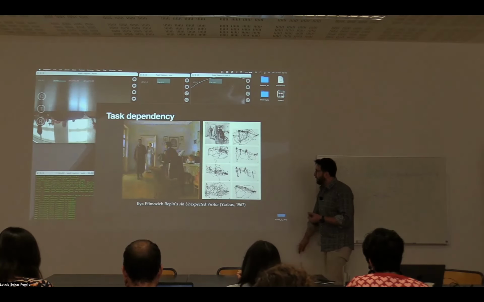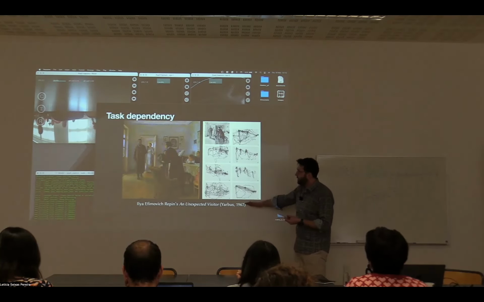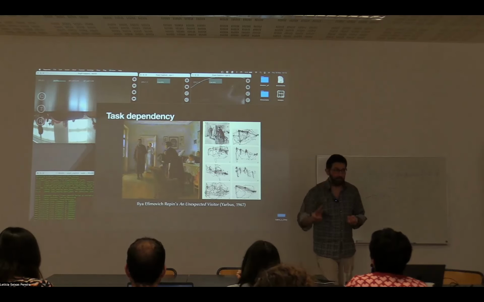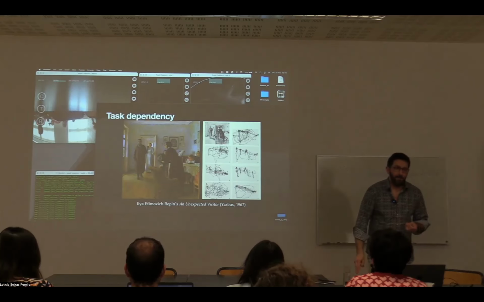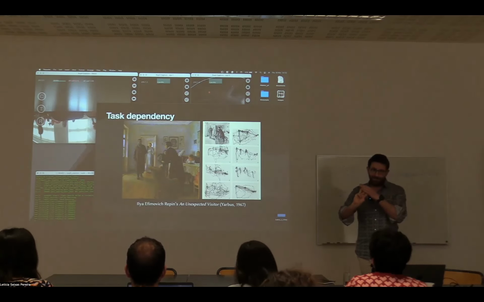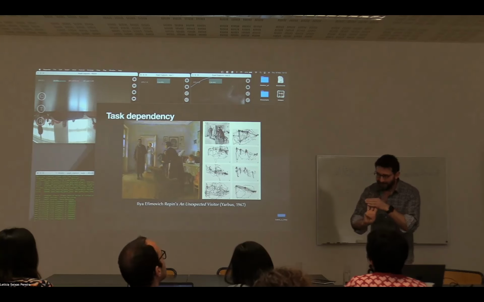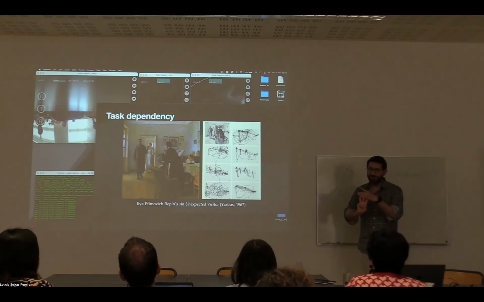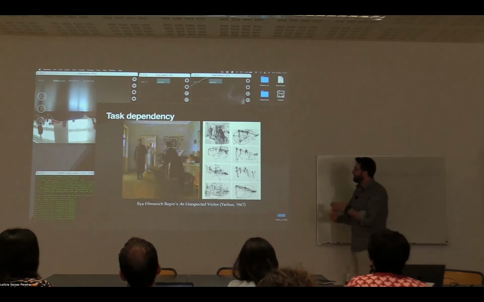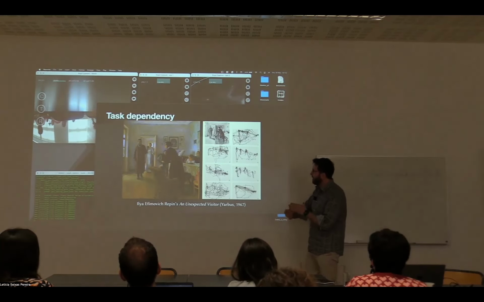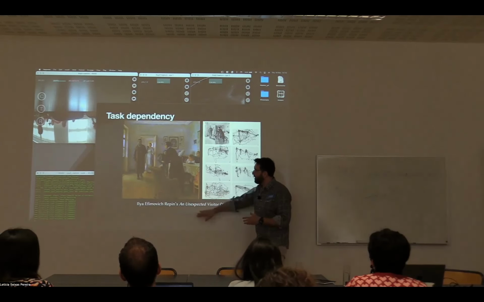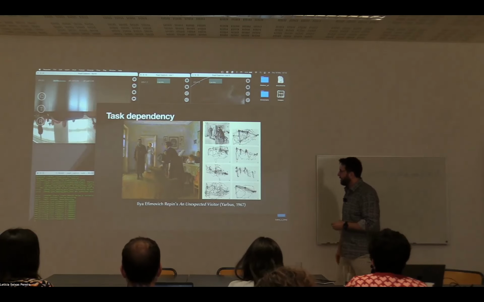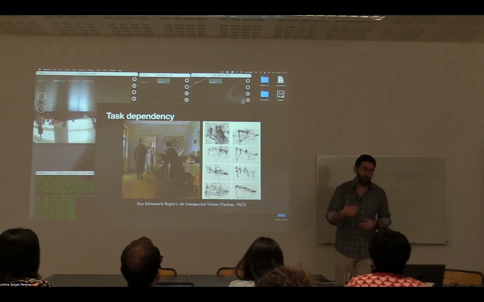When Yarbus asked his participants, that's a book from '67, he had 3 participants in his lab. Can you imagine now submitting a paper with 3 participants and then being called a classic? He showed his participants the same picture, Ilya Repin's Unexpected Visitor, asking people different questions.